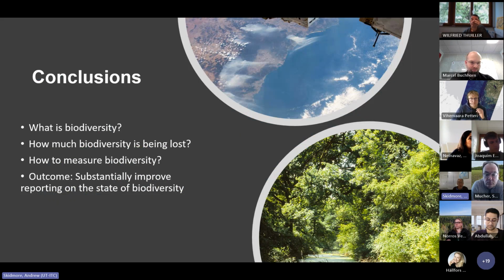So that's the conclusion, where we've gone through and looked at biodiversity, how much biodiversity is being lost, how we measure biodiversity, and how we can improve the reporting on the state of biodiversity, and especially, hopefully, we can hone in as a group and use a pretty standardized set of reporting criteria.